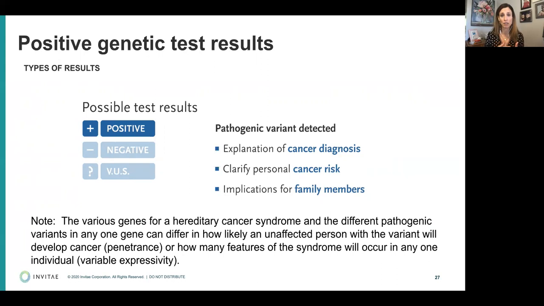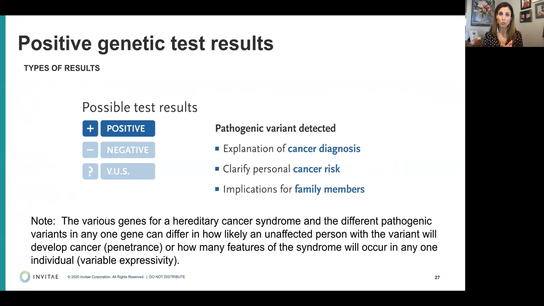It can help to clarify if that patient might be at an increased risk of developing another cancer down the road. And it also can have implications for family members, as we discussed earlier. If a pathogenic variant is identified in a patient, his or her family members might benefit from testing for that same variant to clarify their own cancer risk.